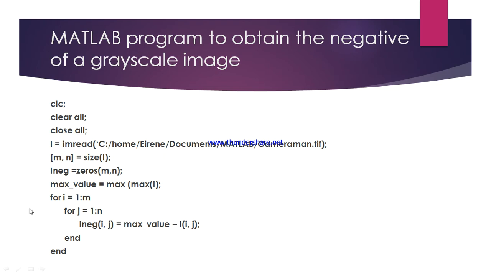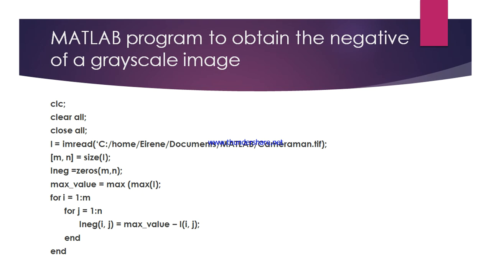Now next I go for the for loop. Here for i equals 1 to m covers all the rows. Next, for j equals 1 to n covers all the columns. And now to represent the negative of an image, I will use ineg(i,j) equals max value minus I(i,j).